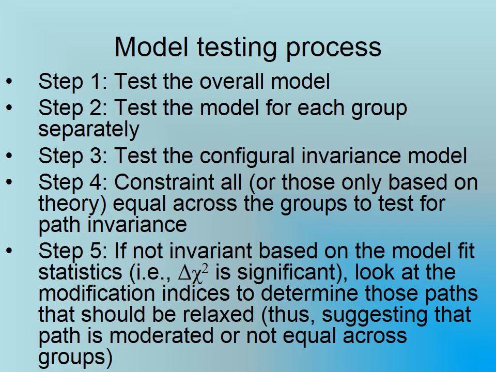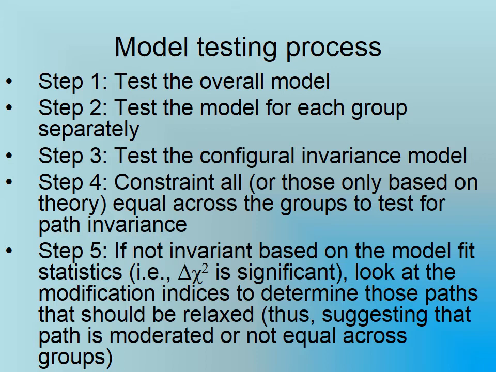After you relax those parameter constraints, you continue that process until your change in chi-square is non-significant. Any paths that are different across groups, it can then be said that parents' pay status moderates those path coefficients. Just like with an interaction, which is basically what invariance testing is, if it's non-invariant or moderated, that basically means that your beta coefficients or gamma coefficients are different across the groups.